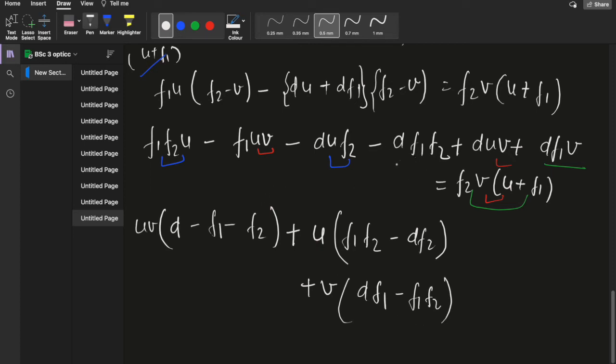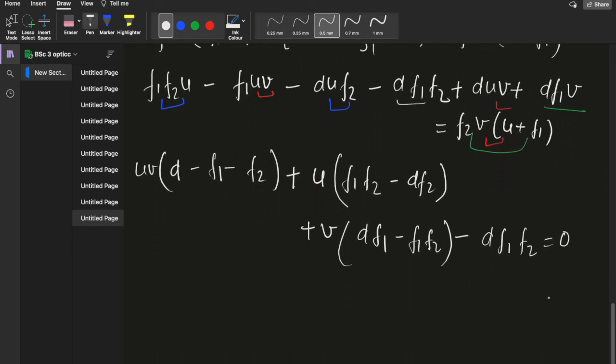Only one term is left, so I write it as DF1 F2, which equals 0. So the final equation comes to be UV in bracket D minus F1 minus F2, plus U in bracket F1 F2 minus D F2, plus V in bracket D F1 minus F1 F2, minus D F1 F2 equals 0.